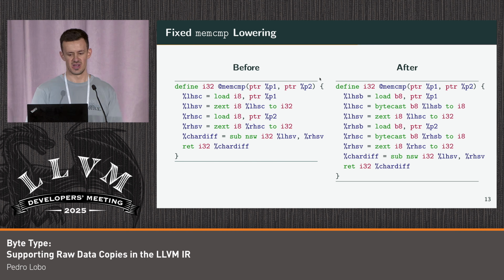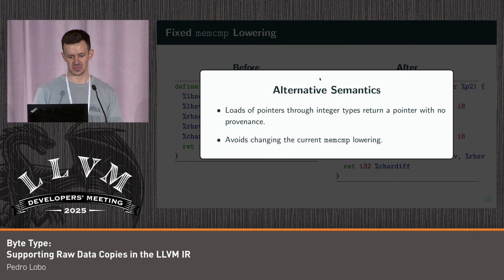So similarly, now we load the raw memory value through the byte type, which does not introduce implicit casts and type punning, and then we cast the resulting raw memory value to an integer type performing type punning, which reinterprets pointers into their integral representation. This is beneficial because then the two pointers can be compared with the sub instruction.